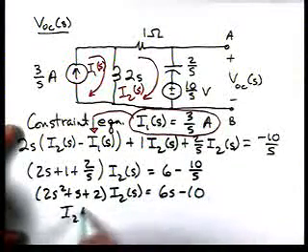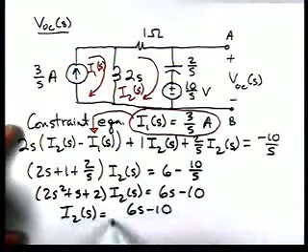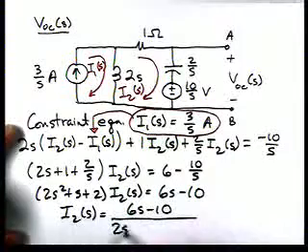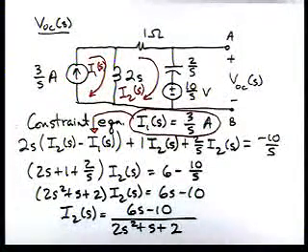So I2 is equal to 6S minus 10 over 2S squared plus S plus 2. So there's the mesh current I2.